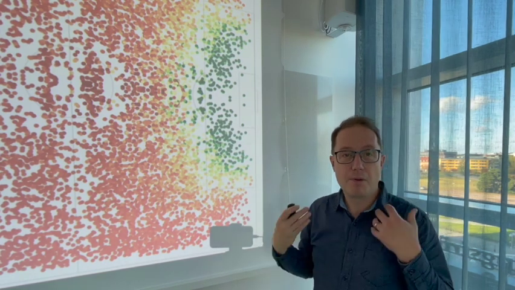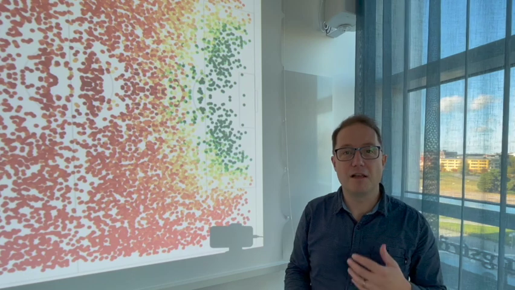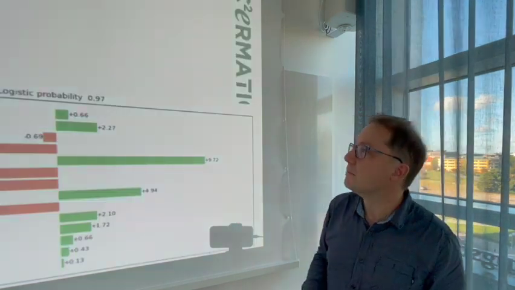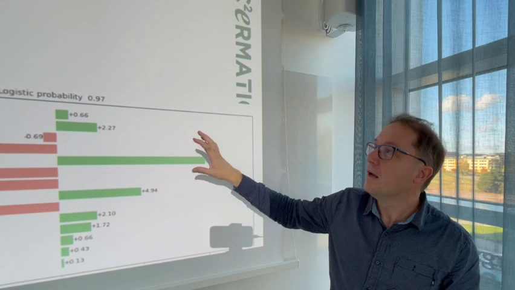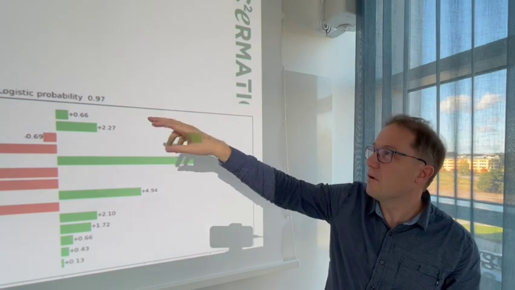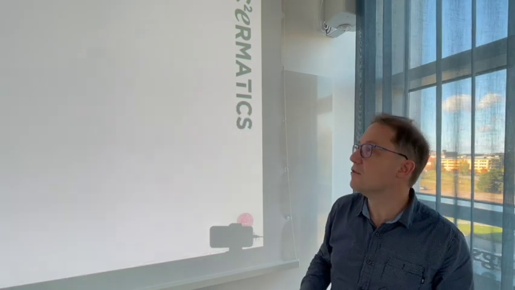And we can also look at the velocity of the player. When players are dribbling at high speed, that has a much higher value than dribbles at low speed. Again, the idea is to fit a logistic probability model, a logistic regression, to the data, and that allows us to evaluate and give different values to dribbles.